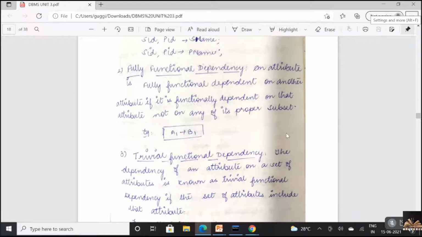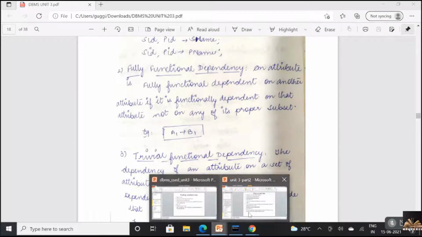An attribute is fully functional dependent on another attribute if it is functionally dependent on that attribute, and not on any of its proper subset. So try to understand the definition. I'll work with a small example.